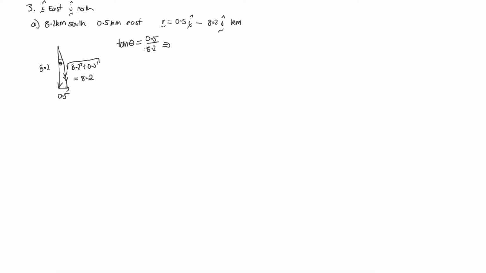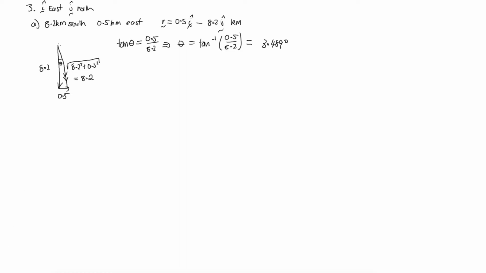Then we can find the inverse tan, so theta is equal to the inverse tan of 0.5 on 8.2. When you're doing this, make sure that your calculator is in degrees mode. And this is equal to 3.489 degrees.